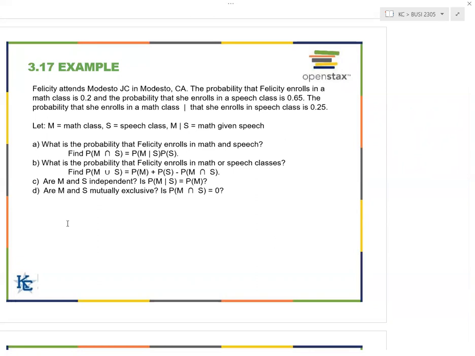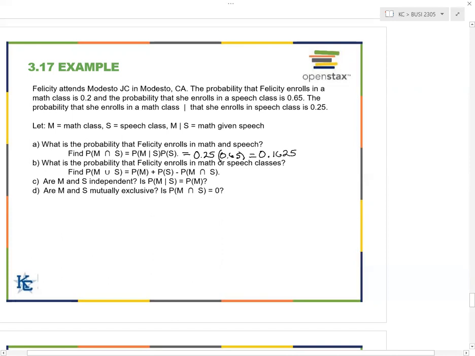So we're going to use this formula here for math and speech. The probability that she enrolls in a math class, given that she enrolls in a speech class, was 0.25, times the probability that she enrolled in a speech class, 0.65. So 0.25 times 0.65 gives us 0.1625.